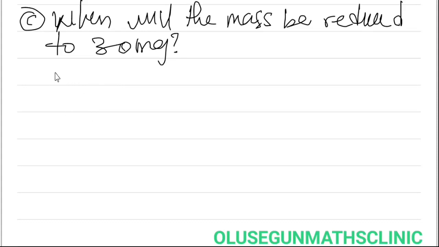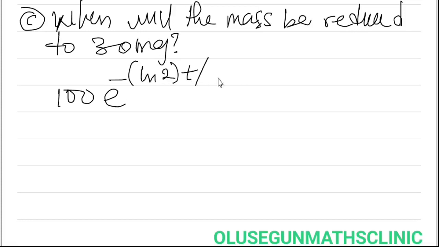We have 100 exponential minus ln 2 times time divided by 1,590 is equal to 30.